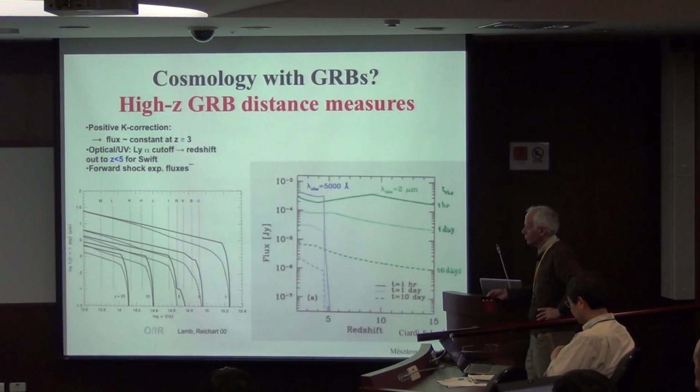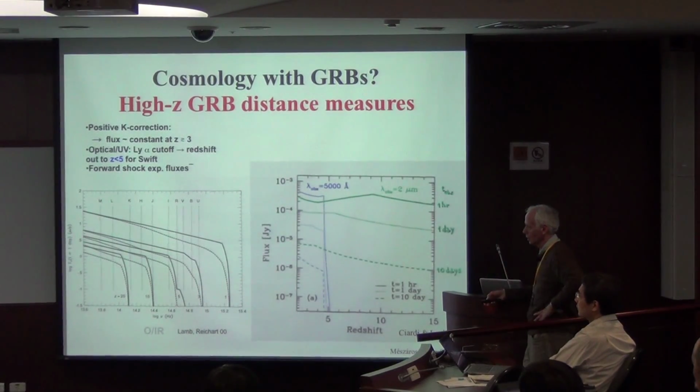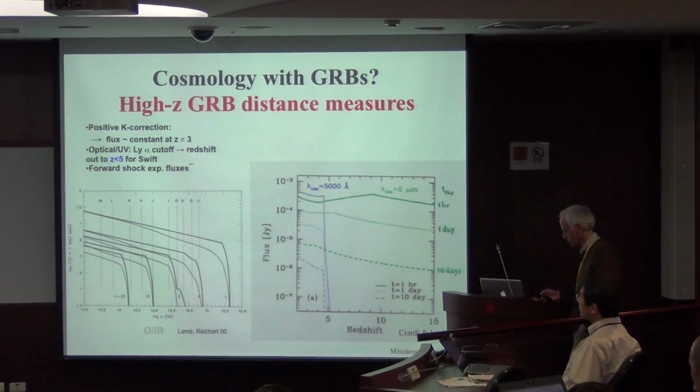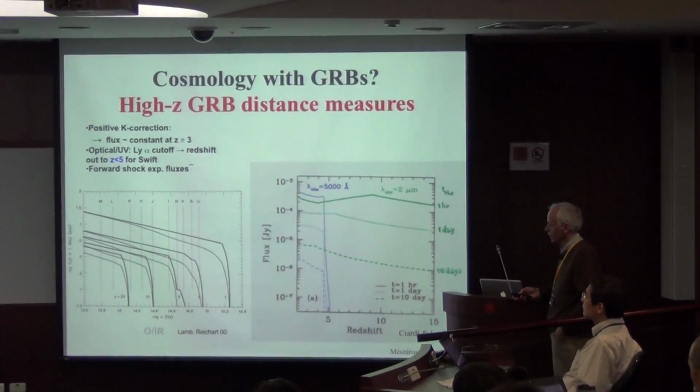So you find that the flux you get at high redshift doesn't diminish very much as you consider higher and higher redshifts. For the same luminosity burst at redshift 5, its flux at 2 microns at 1 hour is not much different at redshift 14 or 15 than it was at redshift 5. This is an effect of this positive K correction. So they seem like an attractive type of object to use for studying high redshift objects.